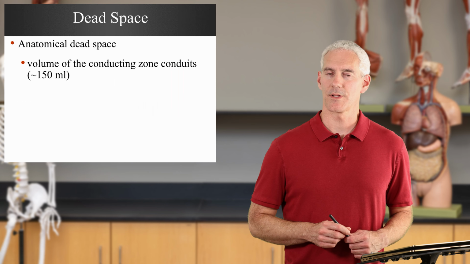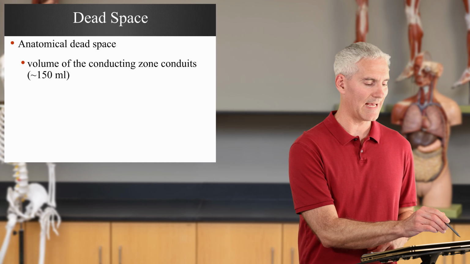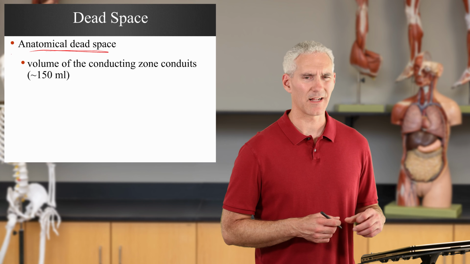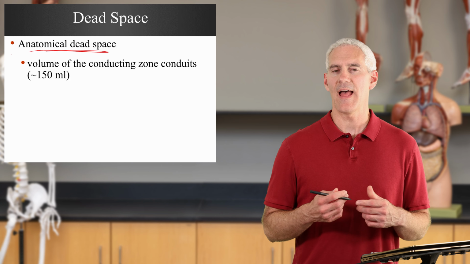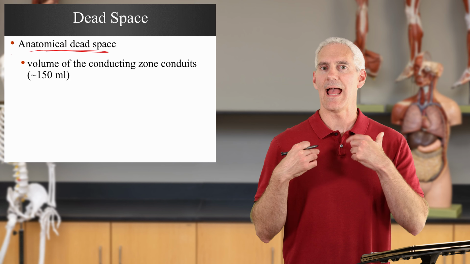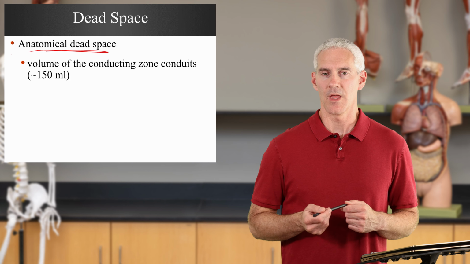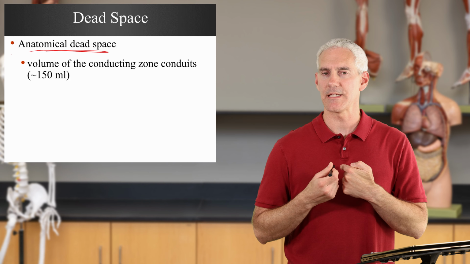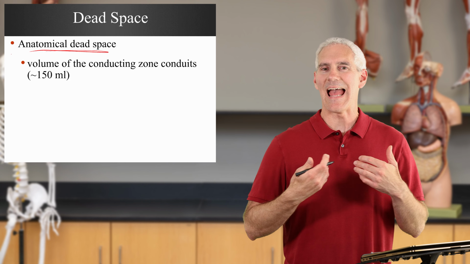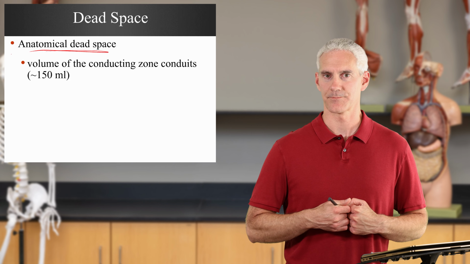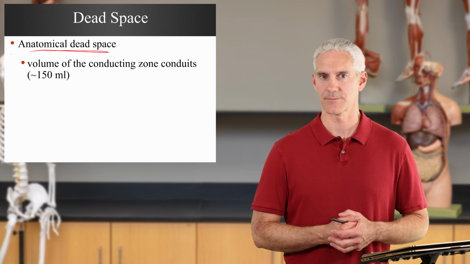But now, in every one of those, we have what's referred to as the anatomical dead space. Now I have down here, it's about 150 milliliters. That's the rough amount of air that you breathe in and you cannot use. That's what goes into the nasal cavity, the pharynx, the larynx, the trachea, the bronchi, everything down until you reach the respiratory bronchioles.